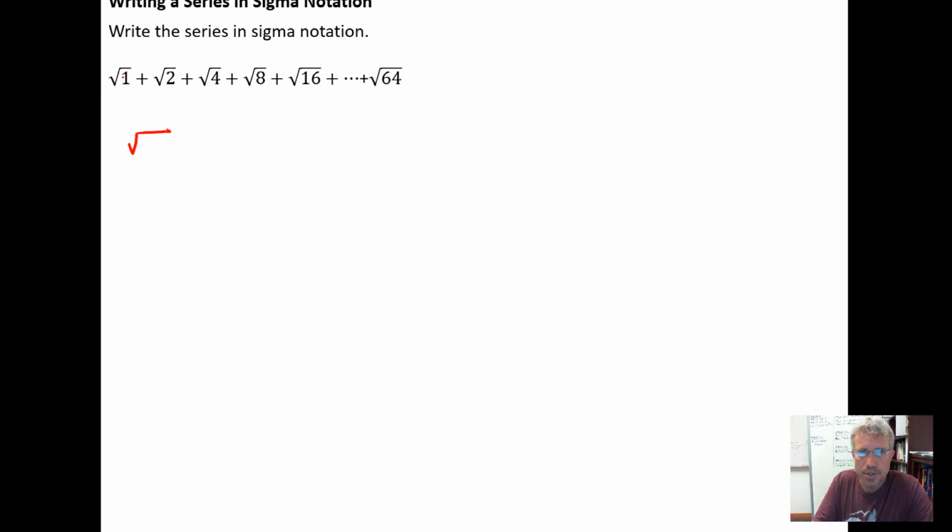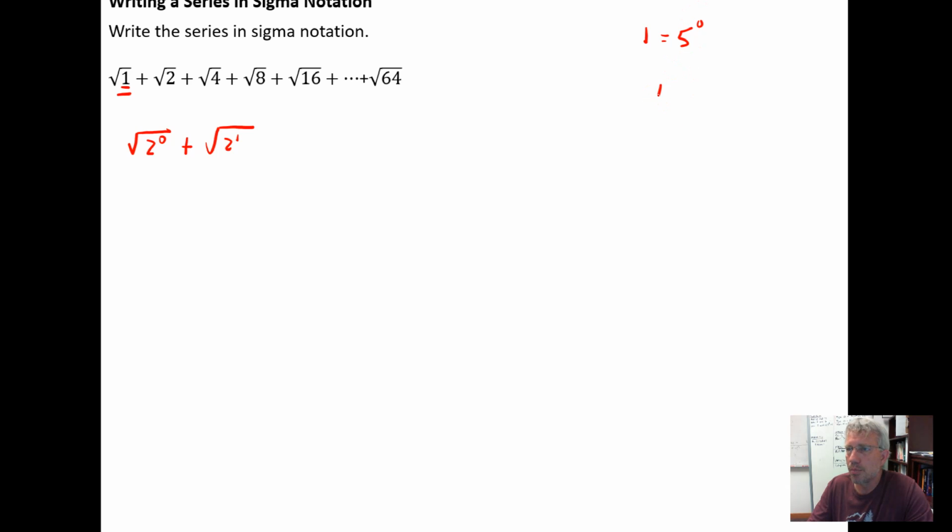So 1 is the same as 2 to the 0th power, plus the square root of 2, but 2 is just the same as 2 to the 1st power. And this is common. Being able to understand that 1 can be written as a positive base to the 0 is important. That shows up quite a bit.